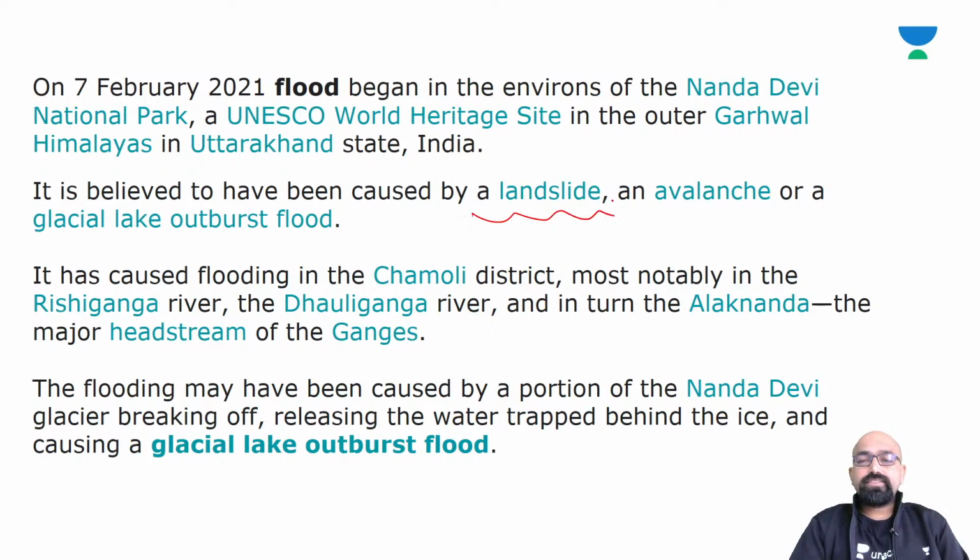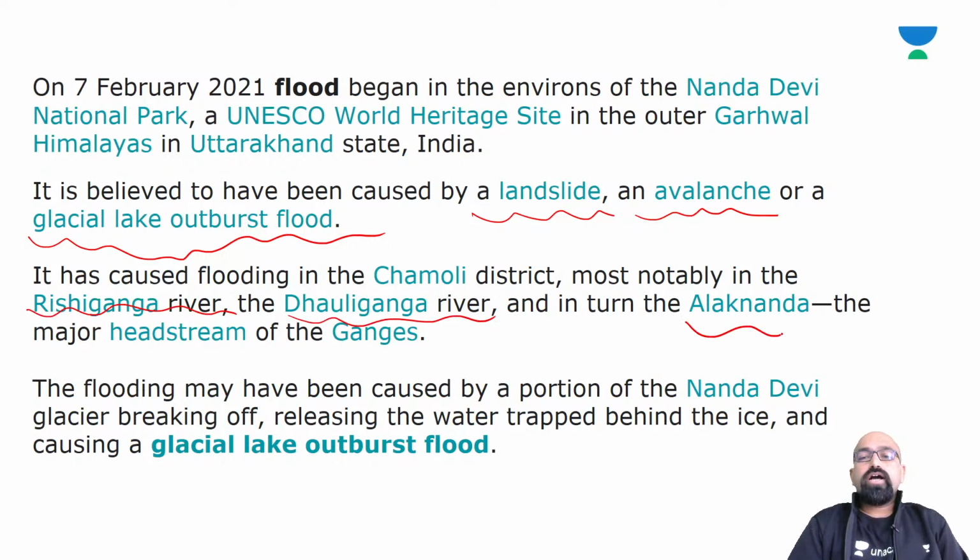So basically, this glacier burst or flood began on 7th February 2021, caused by a landslide and avalanche or glacial lake outburst flood. Right. So it caused flooding in the Chamoli district, most notably in the Rishiganga river, the Dhauliganga river, and in turn the Alaknanda, a major stream of the Ganga.